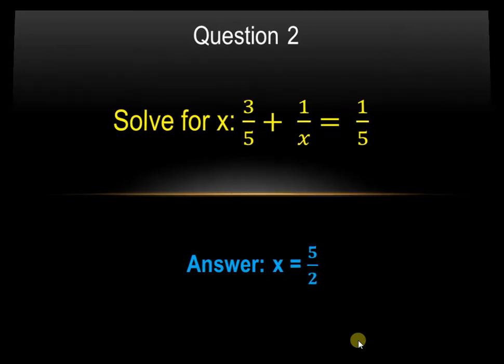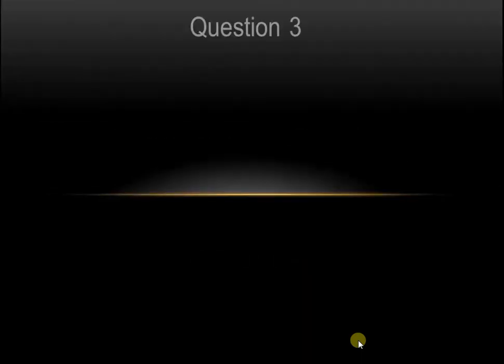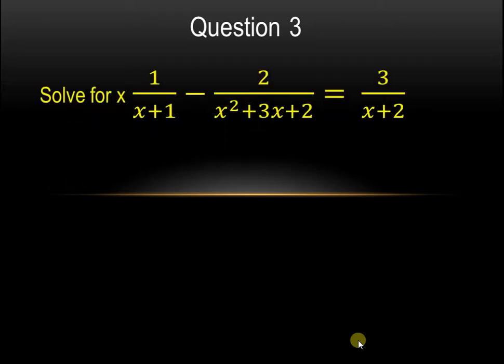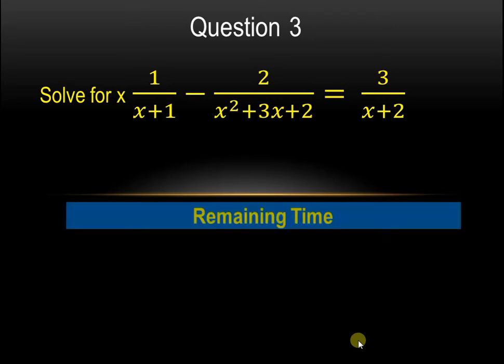Let's have one more question. Solve for x given 1 all over x plus 1 minus 2 all over x squared plus 3x plus 2 is equal to 3 all over x plus 2.